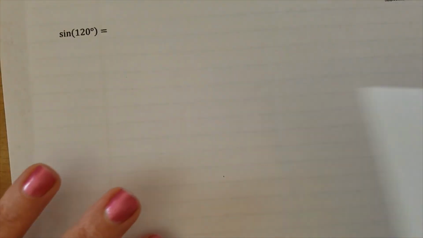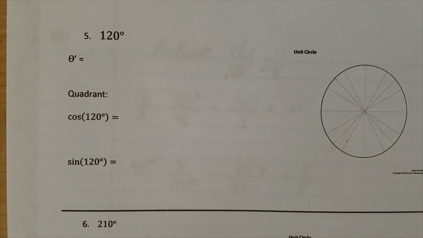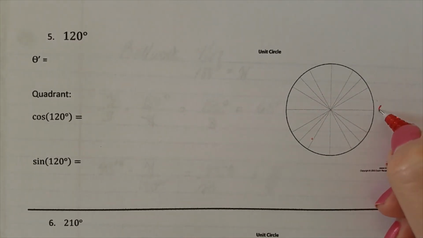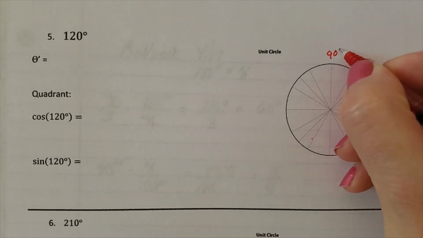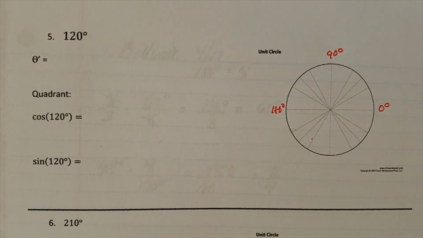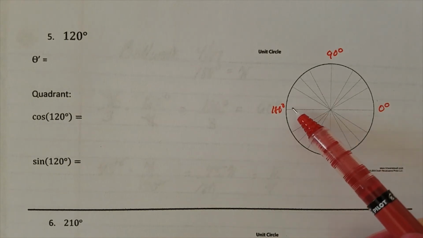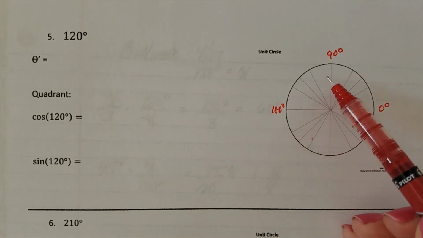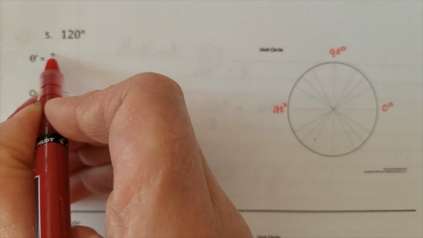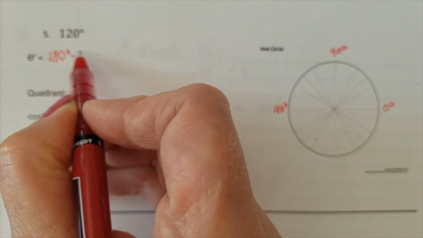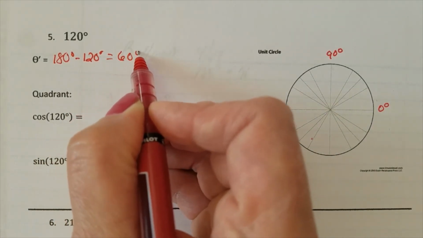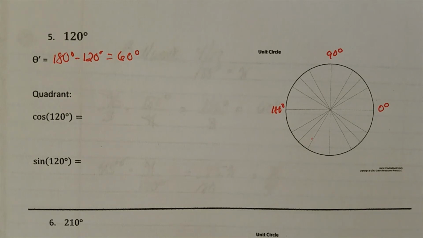Number 5, let's do another one. 120 degrees. Okay, so here we go. 0 degrees, 90 degrees, 180 degrees. 120 degrees is between 90 and 180 degrees. So to find my reference angle, I need to take 180 degrees minus 120 degrees, which gives me 60 degrees.